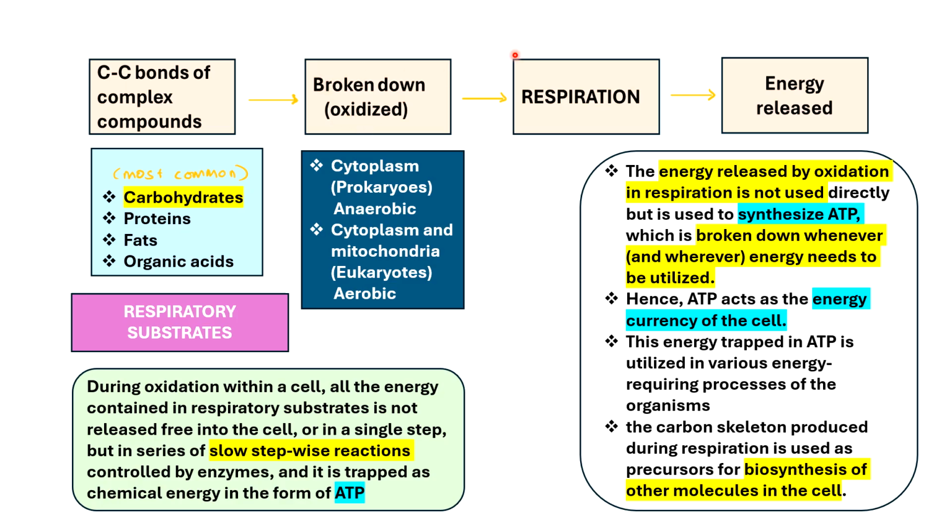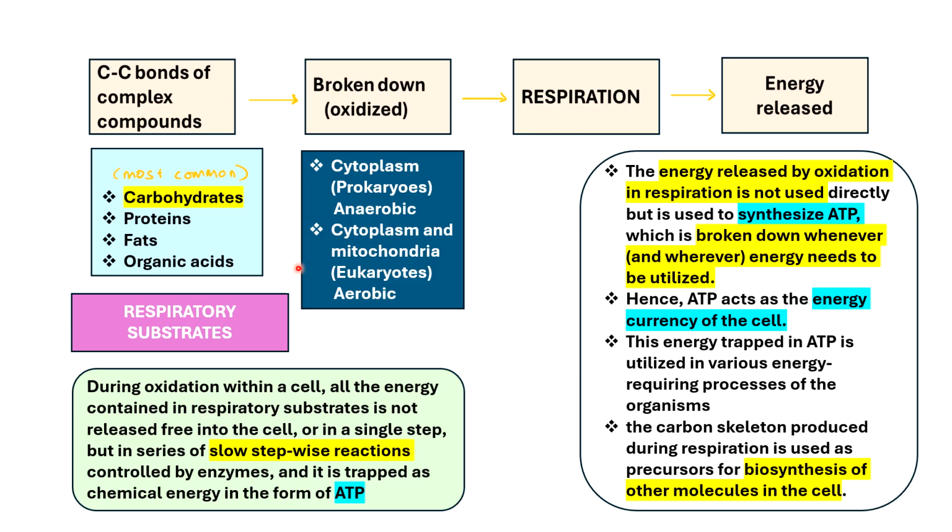So when I say that in respiration the food is broken down, it means essentially that the carbon-carbon bonds of the complex compounds are oxidized in the process of respiration.